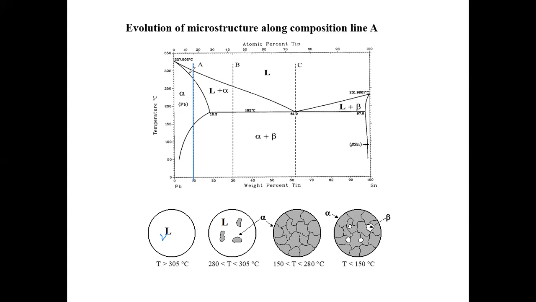But during this process, you can construct a tie line, and you can actually get, at any temperature, the equilibrium composition of the liquid and solid phase. Now we're going to be more specific about equilibrium composition later. And as you cool the system to this temperature, the system completely transforms into the solid, right?